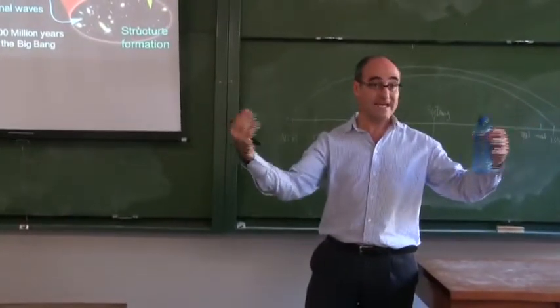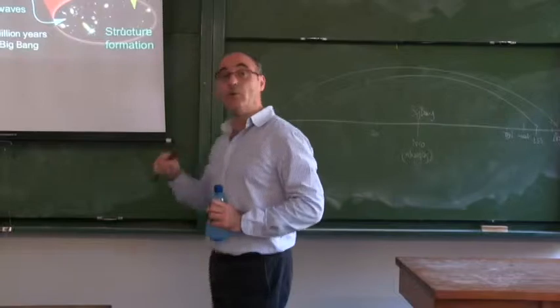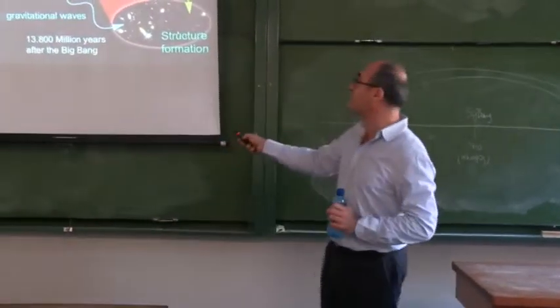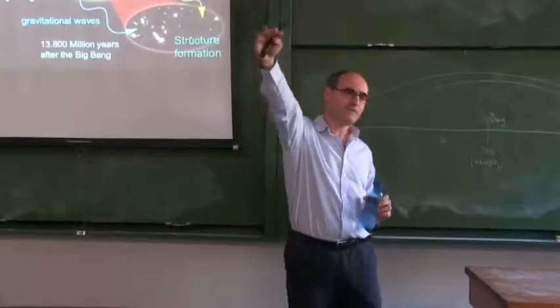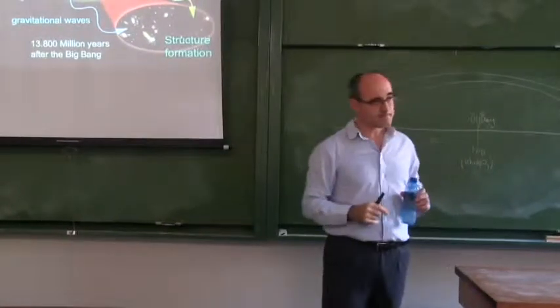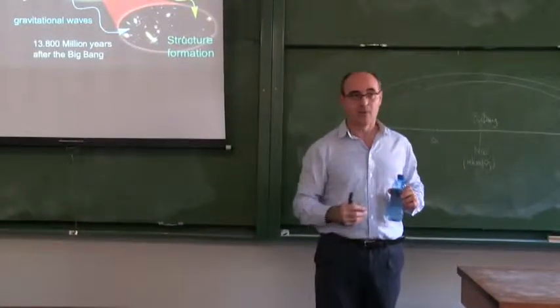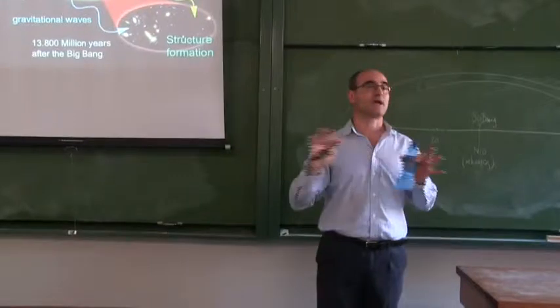We cannot go further. However, gravitational waves are so weakly interacting that the moment they are produced during inflation, all the way back to 10 to the minus 35 seconds of the evolution of the universe, they will travel from then to us without scattering.